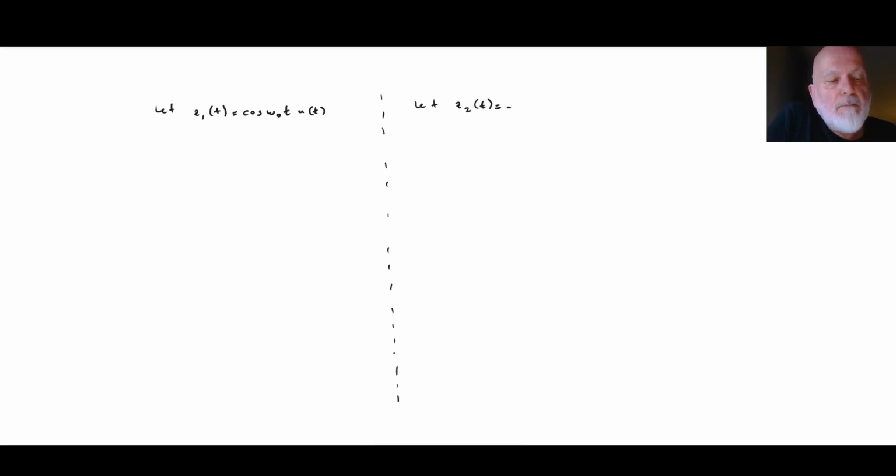Okay, now let z1 of t be cosine omega 0 t u of t, and again we are going to calculate the right-sided and left-sided cases simultaneously. Let z2 of t be minus cosine omega 0 t u of minus t.